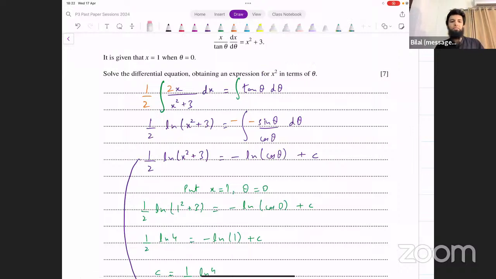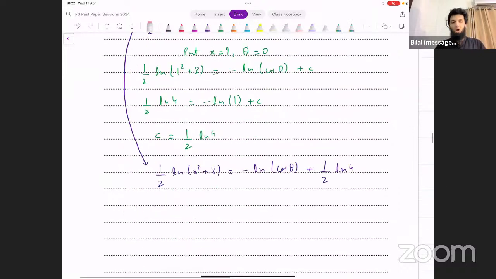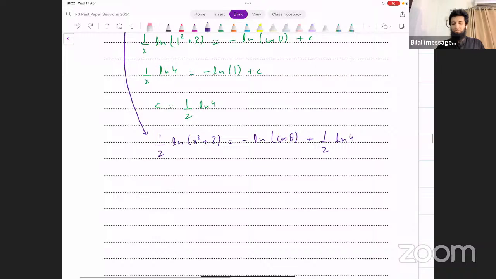So now it's a log question from this point onward, because you need to use the laws of logarithms to make x squared the subject somehow. Okay, we have x squared only on the left side. That's what we need to make the subject. Now we have to apply the multiplication rule or division rule or power rule of logs to make x squared the subject.